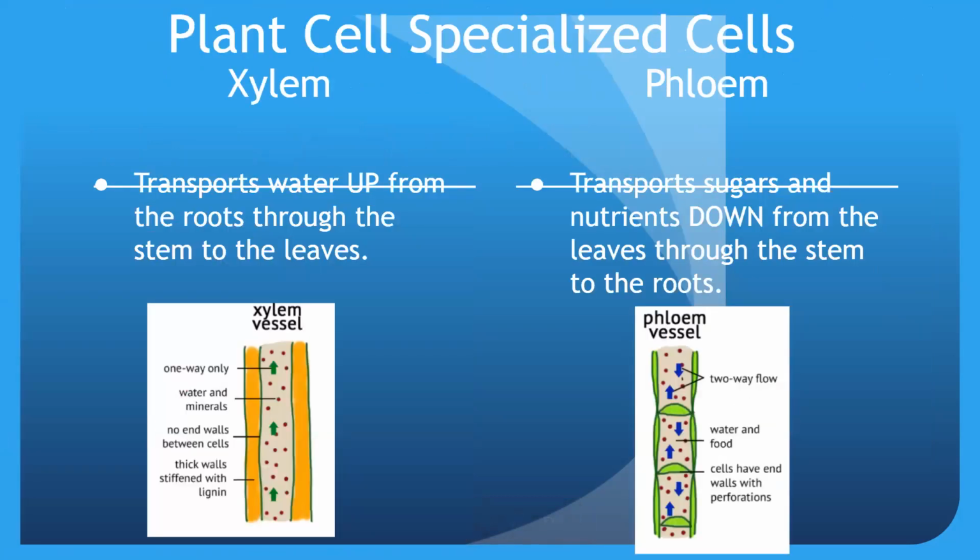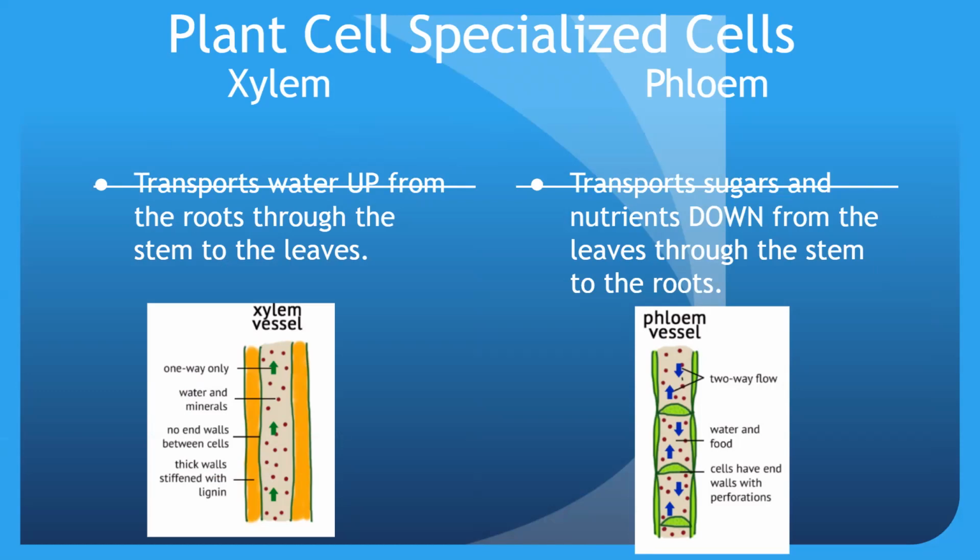Now, we talked about specialized cells in animal cells, in multicellular animals, but there are also specialized cells in multicellular plants. Plants have specialized cells like xylem and phloem. The xylem is a vessel that transports water up from the roots through the stem to the leaves, whereas the phloem transports sugars and nutrients down from the leaves through the stem to the roots.